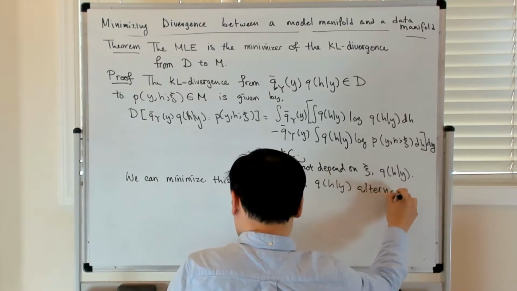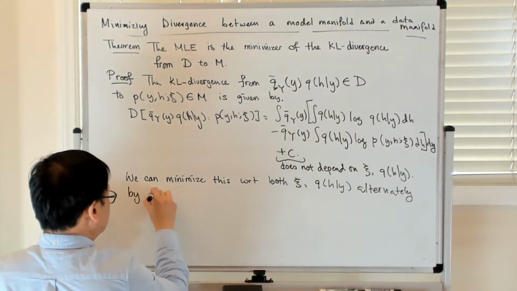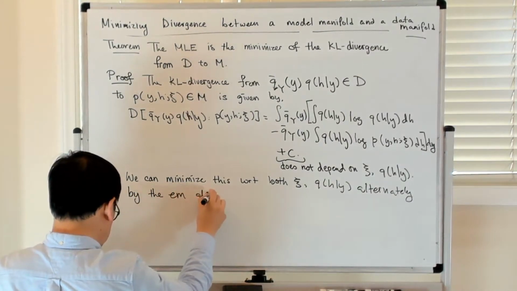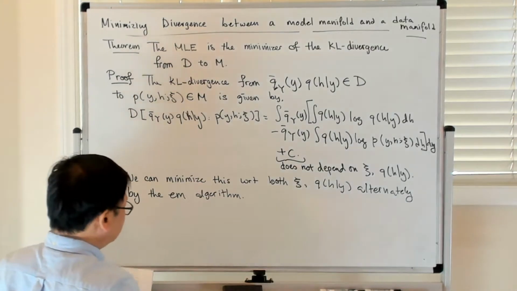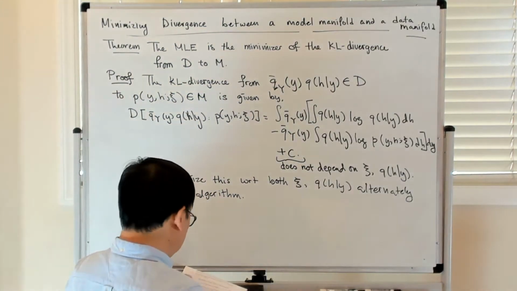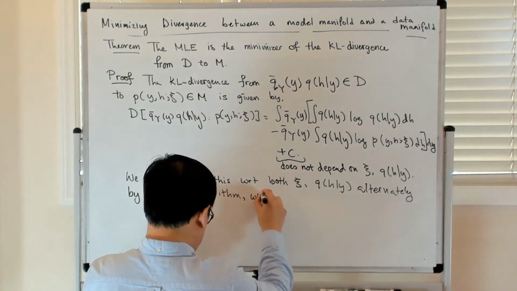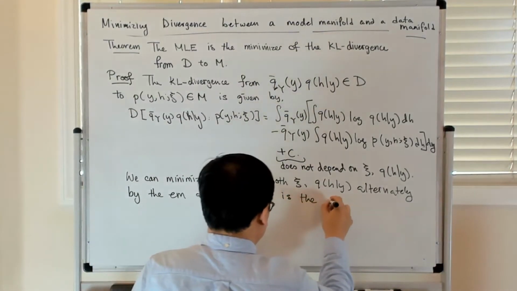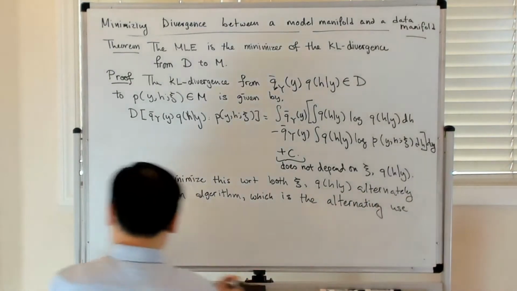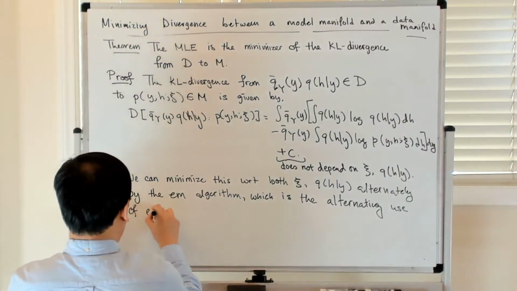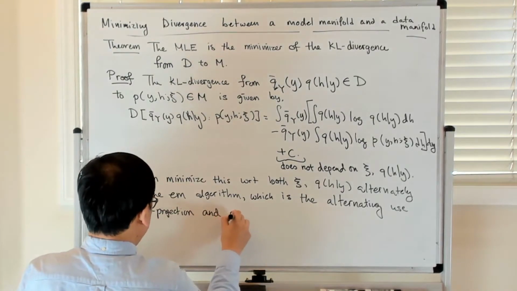Alternately, by using the EM algorithm. Okay, and if you recall, part of the reason why it's called the EM algorithm is that essentially you do E projection and M projection and you keep alternating between the two, right? Which is the alternating use of E projection and M projection.